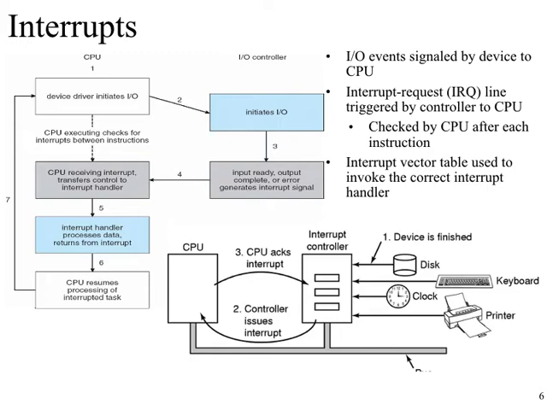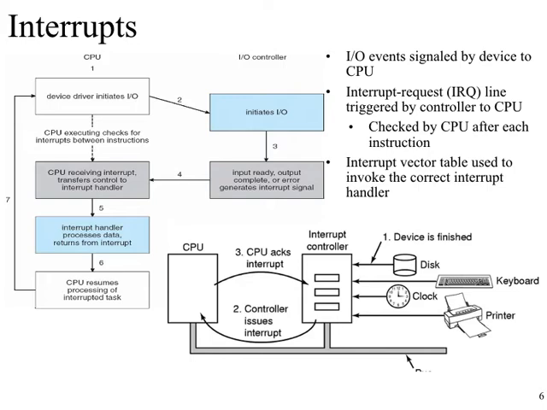In between initiating the I/O and receiving the interrupt, the CPU is busy doing other things, such as executing other processes. However, between every instruction, the CPU checks the interrupt status to see whether the I/O controller has delivered an interrupt.